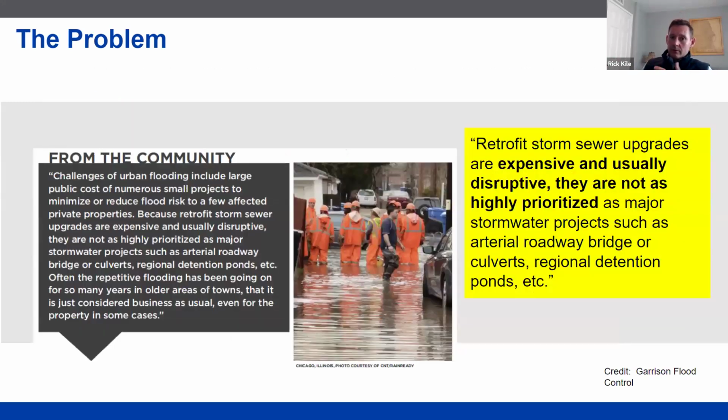Retrofit storm sewer upgrades are expensive and disruptive in terms of construction, and they're not, frankly, as highly prioritized as major stormwater projects like roadway, bridge, or culverts, things of that nature. Furthermore, in our major urban areas that have experienced flooding historically, there's a general acceptance that this is kind of normal and okay, or business as usual, as the original quote states.